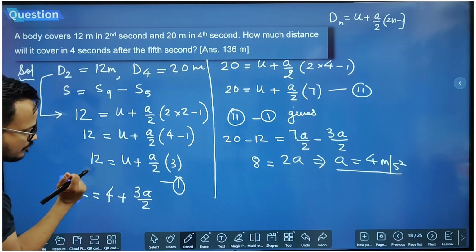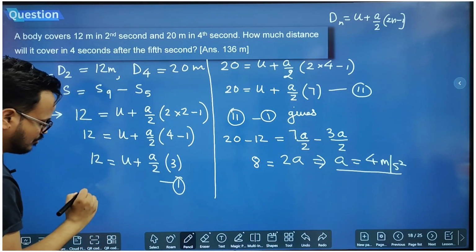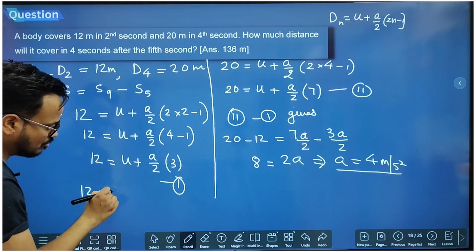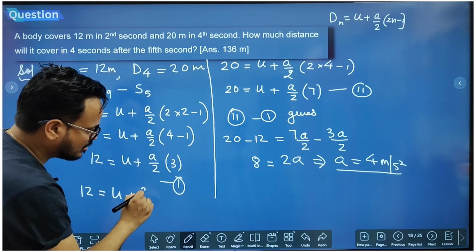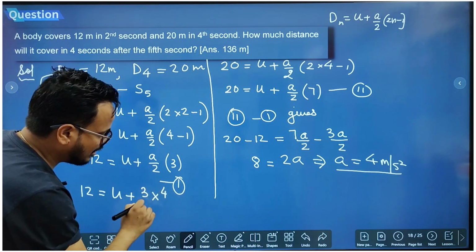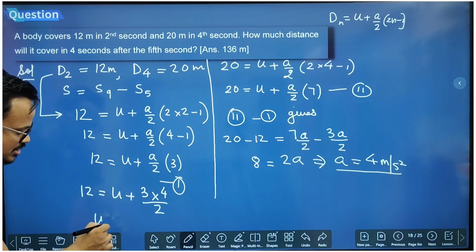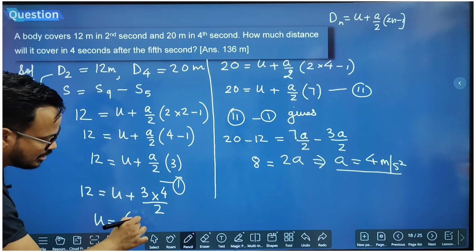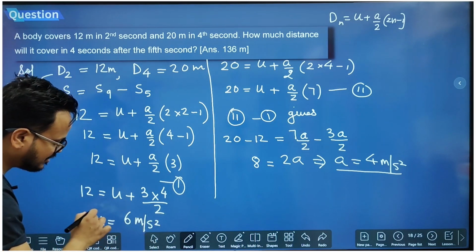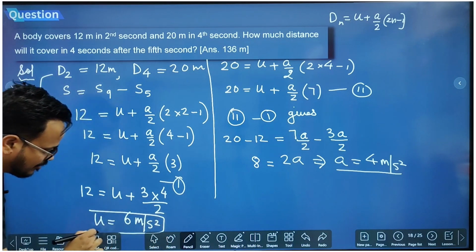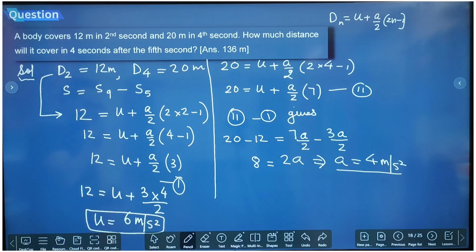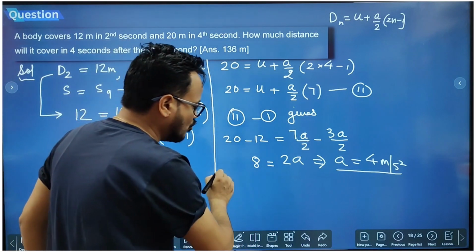Oh, a is 2, not 4. So 12 equal to u plus 3a by 2. This is 2, 2 into 3, 6. So u is 12 minus 6, that is 6 meter per second. So these are the values of u and a.